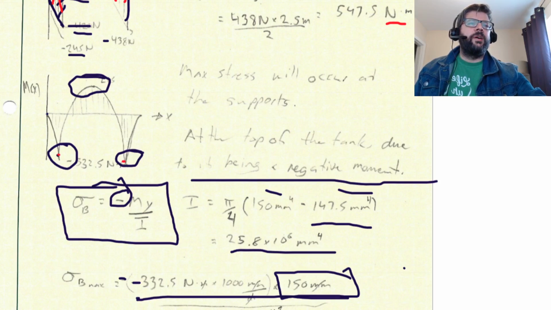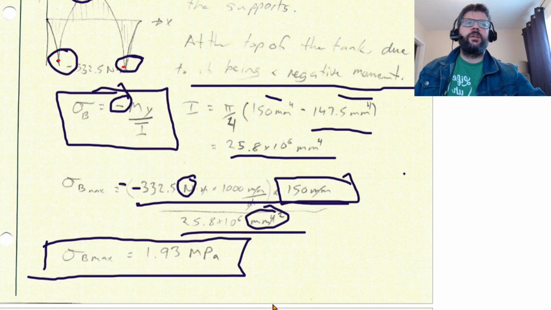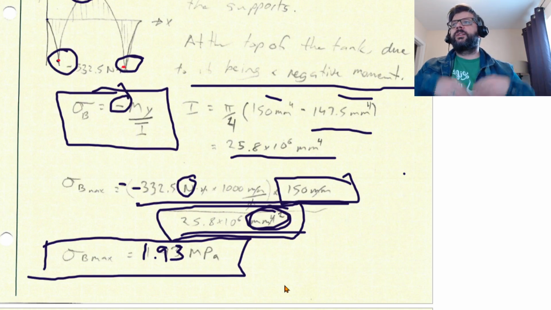Once we cancel out all units, we end up getting newtons per millimeter squared, which is MPa. Once we divide by our I, that ends up giving us a maximum bending stress induced of 1.93 megapascals. So that's the bending stress.